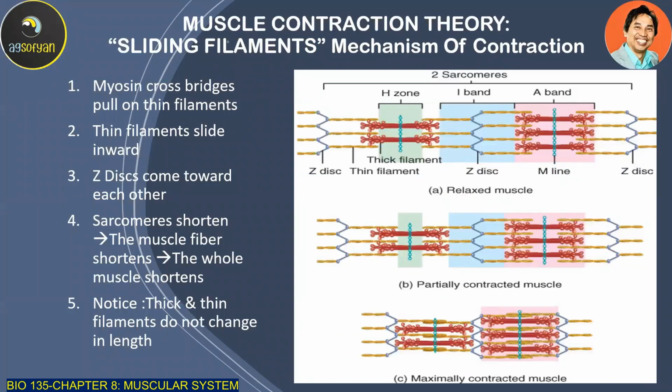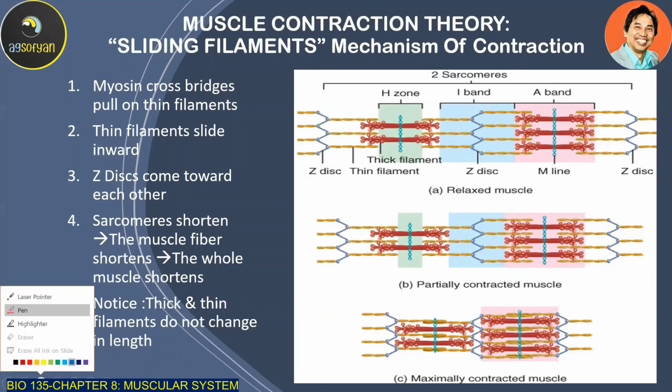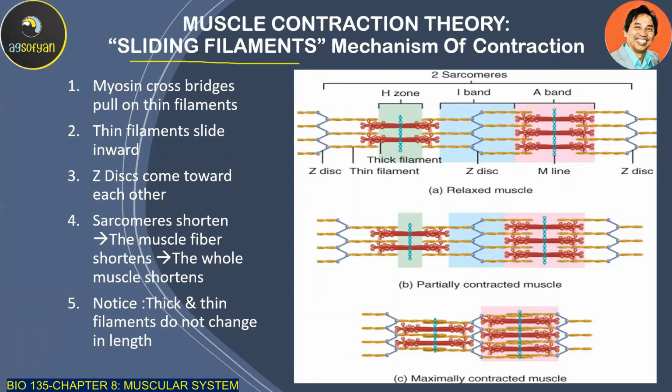Now, the contraction of a muscle cell is called the sliding filament theory, because according to this theory, the actin and myosin will be sliding past one another. Basically, the myosin will pull the actin to the middle.